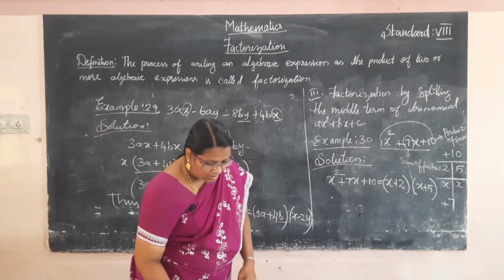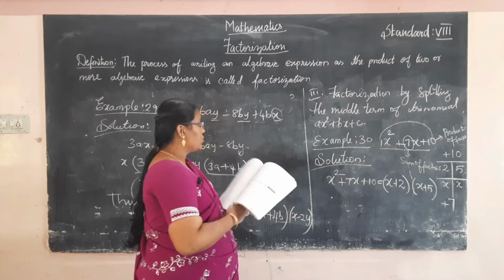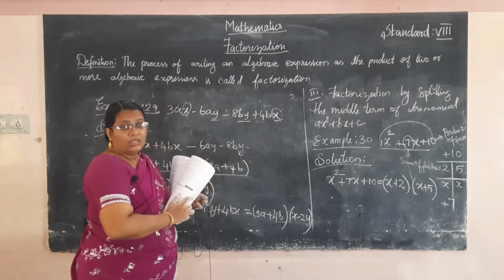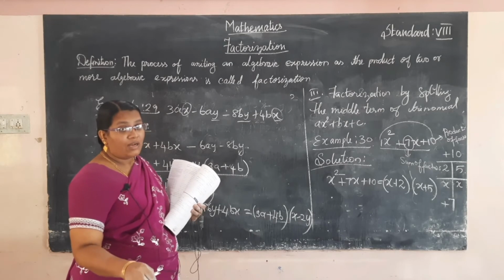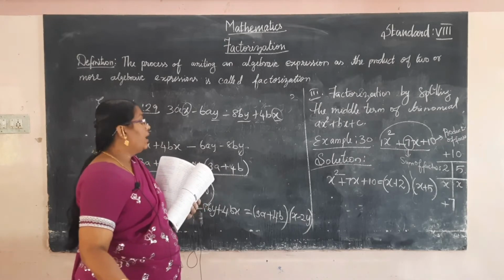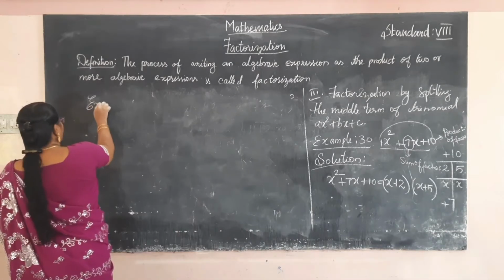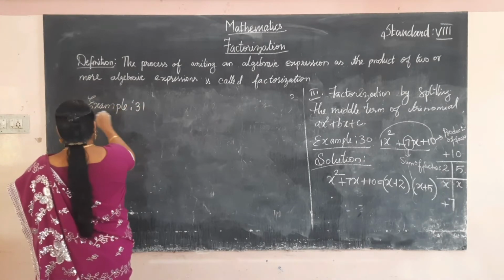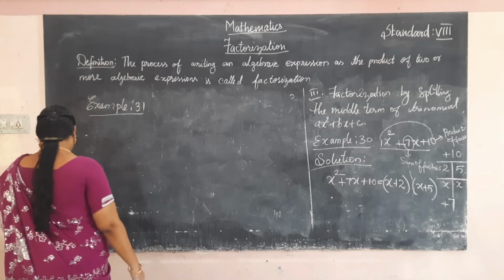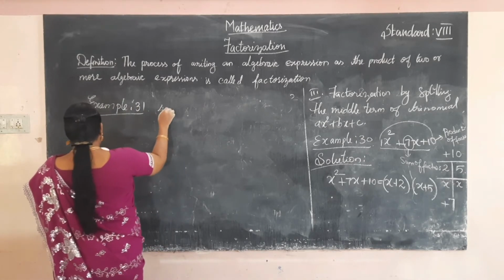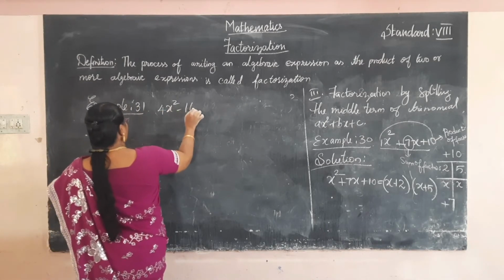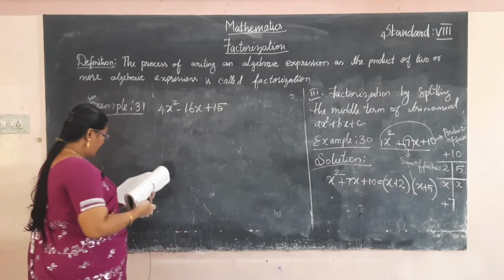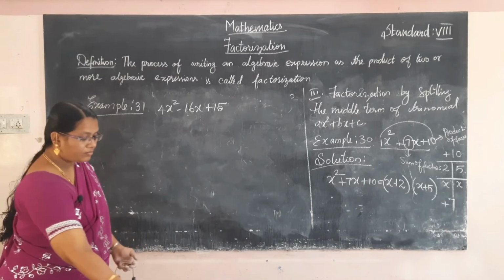So here, in the first case, the a value is 1. The coefficient of x squared is 1. Now see, 4x squared minus 16x plus 15.